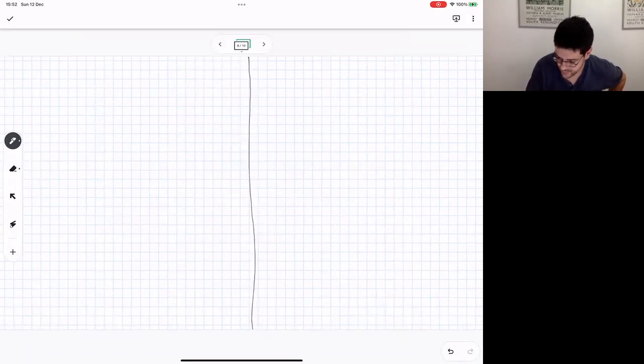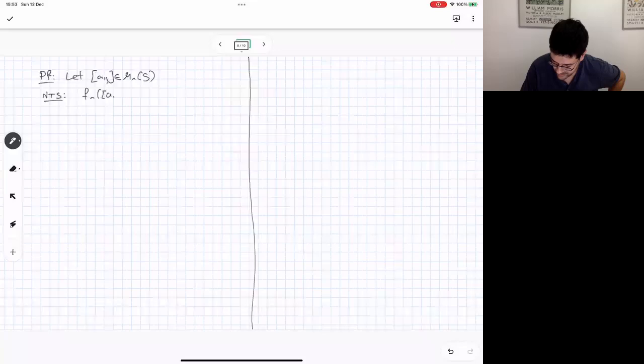So proof. Let Aij be an n by n matrix over S, and I want to show that the norm of Fn of Aij is less than the norm of F times the norm of Aij.